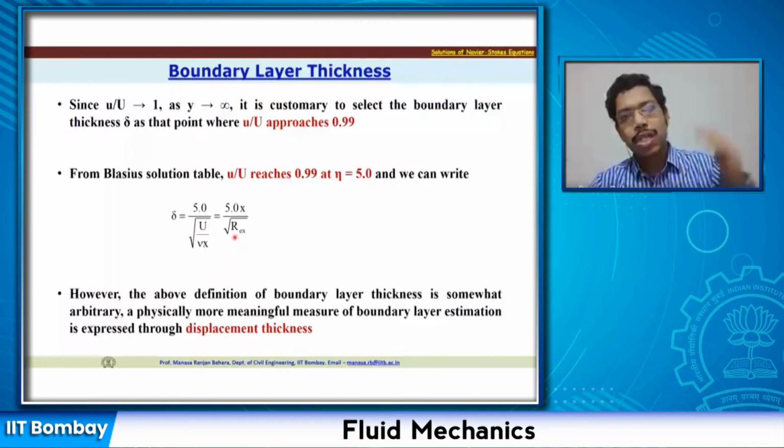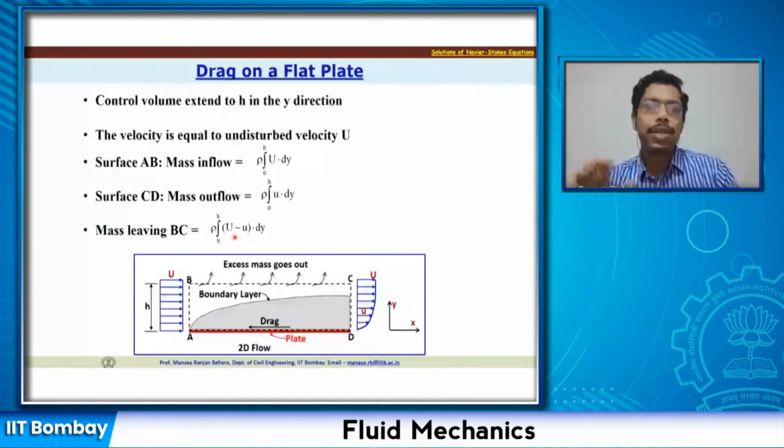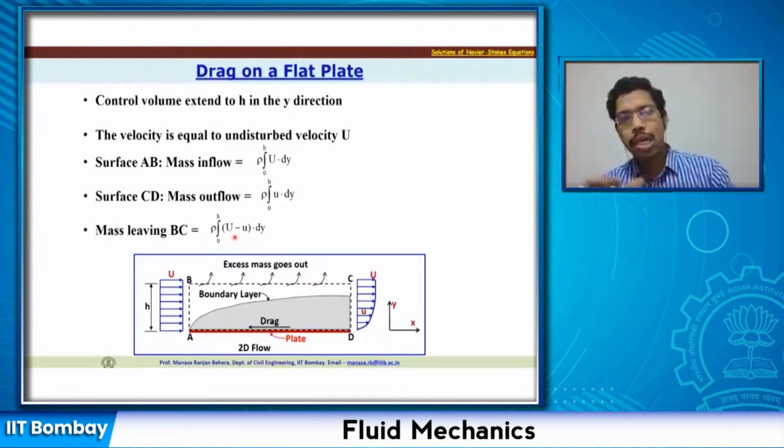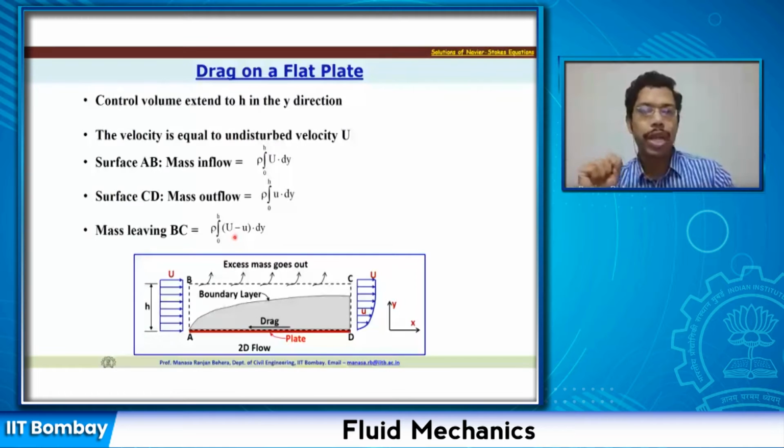In the previous lectures, you have already seen that we calculated the drag on a flat plate. So in the linear momentum principle, we applied that concept and calculated the drag on a flat plate. Here also we are calculating the forces or the shear on the flat plate using this boundary layer concept.